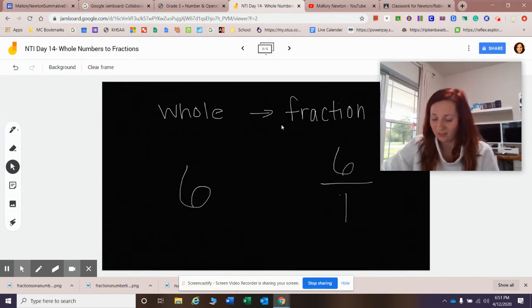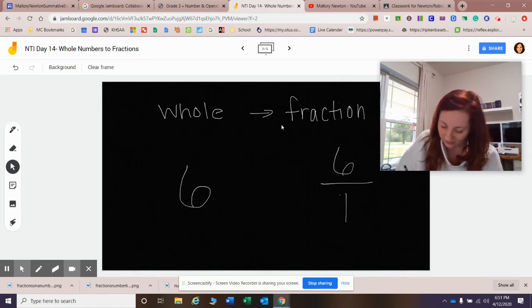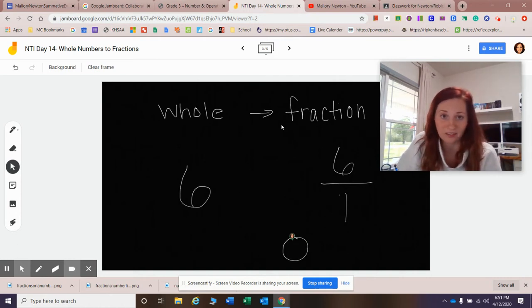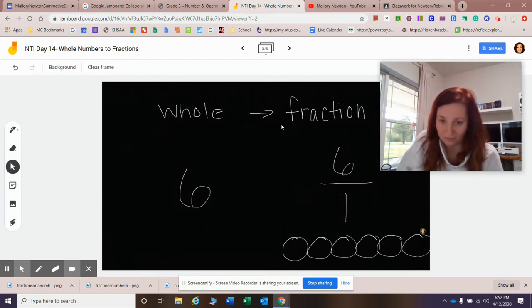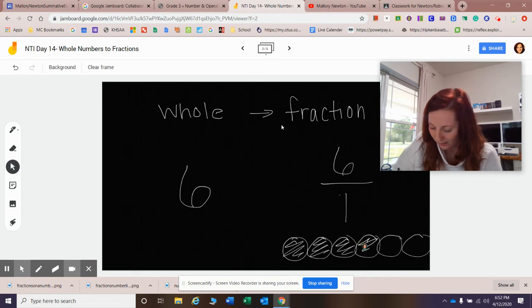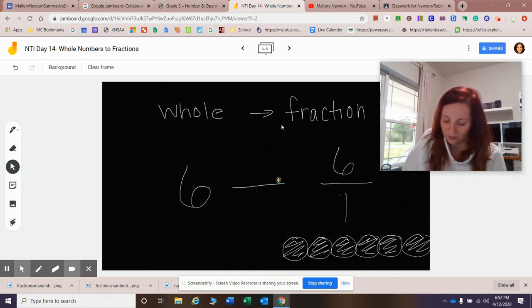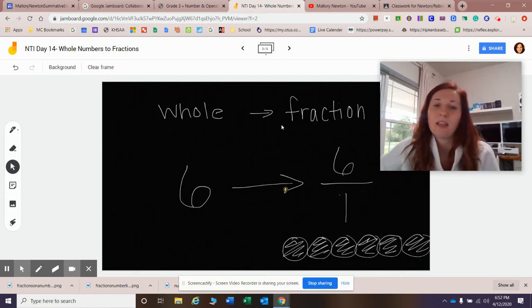Because it's not really broken into anything. It's like saying I never cut up the slices of the pie, and I have 6. 1, 2, 3, 4, 5, 6. So I have nothing to divide these pies into. I ate 1 whole pie, 2 whole pies, 3 whole pies, 4 whole pies, 5 whole pies, 6 whole pies. So I know that 6 is the same thing as 6 over 1.